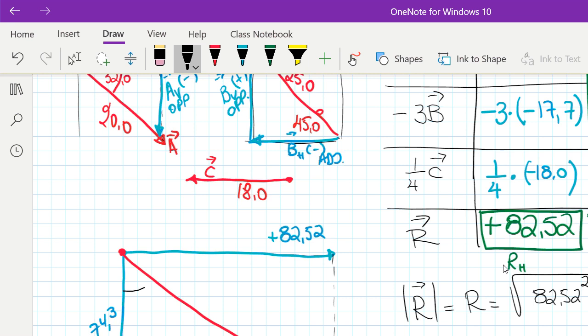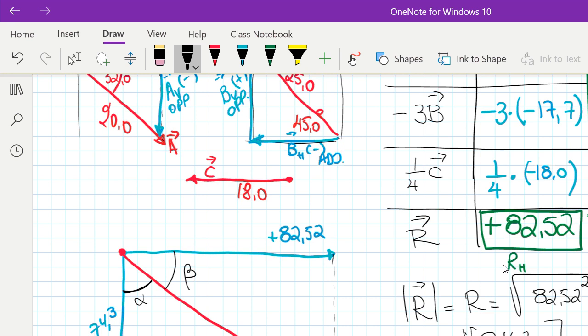We are not done because we have to identify the direction. So you can go with this angle, alpha, or you can go with this angle, beta. Both of them will be right. Let's go with beta this case. So beta will be inverse tangent of 74.3 over 82.5.